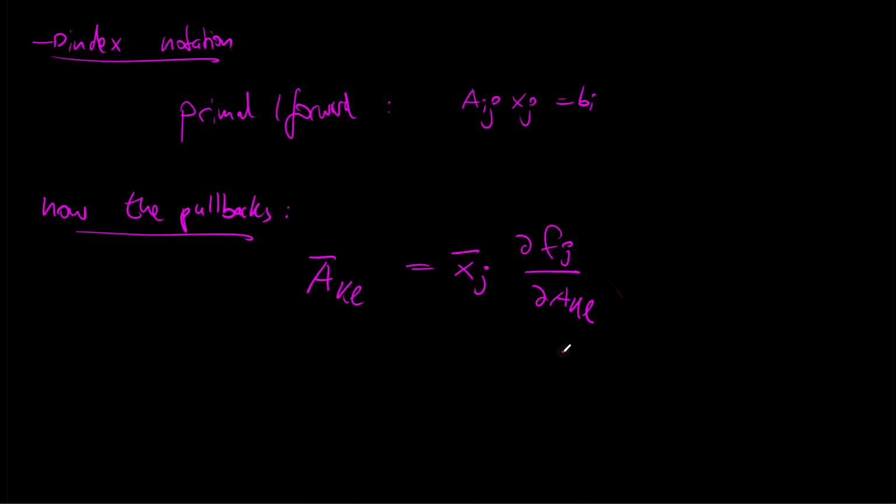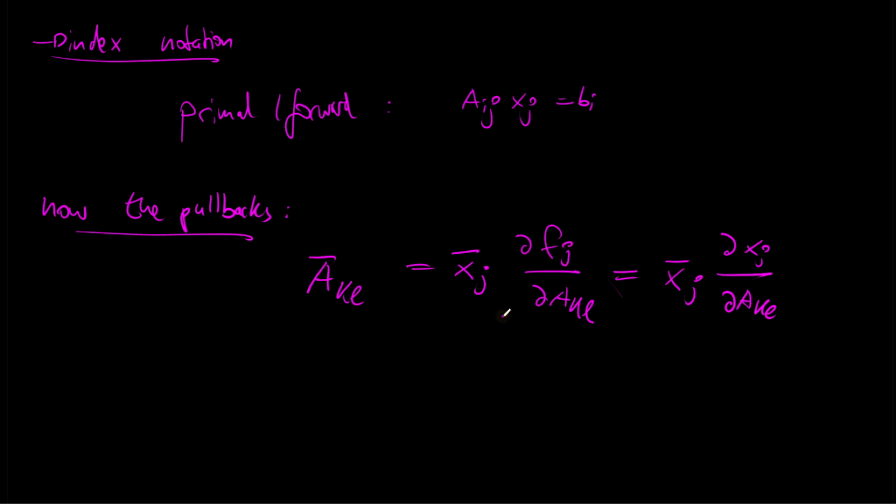Okay, and let us make one trick here that helps us later on, in that we associate the function with its output. So we could equivalently write that this is x bar_j multiplied with the derivative of x_j with respect to A_kl, because x_j is essentially the output of our function here.